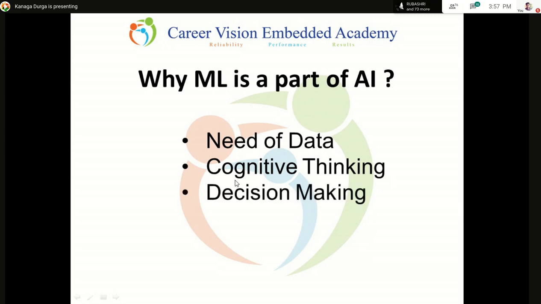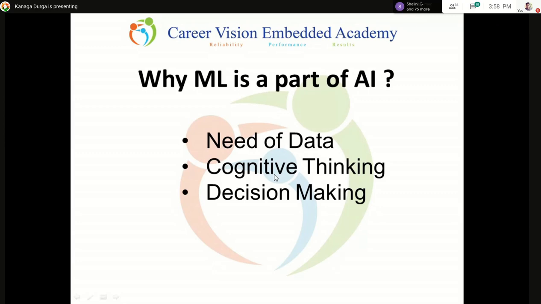And the third point is decision making. Once we analyze the data using ML and make the AI system think like a human being, the next part is to take a decision with all this data and the cognitive thinking. With this decision making, the outcome we should expect from our system is an optimized result, and if there are several results, it should give us the one with the higher benefit.